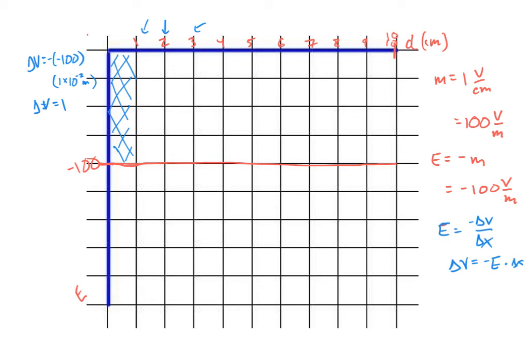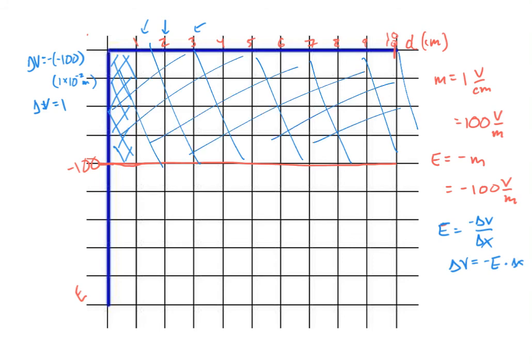And we can continue doing this for all of our other areas. So from our electric field versus distance graph, we can construct a voltage versus distance graph and vice versa. Think of this like your velocity versus time graph and your acceleration versus time graph. They're going to be very similar for you.